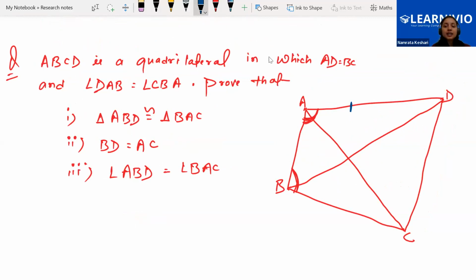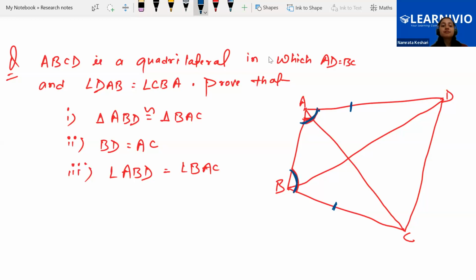This side AD and this side BC are already given as equal in the question itself. Angle DAB and angle CBA, this blue angle, these two angles are also the same, already given in the question.